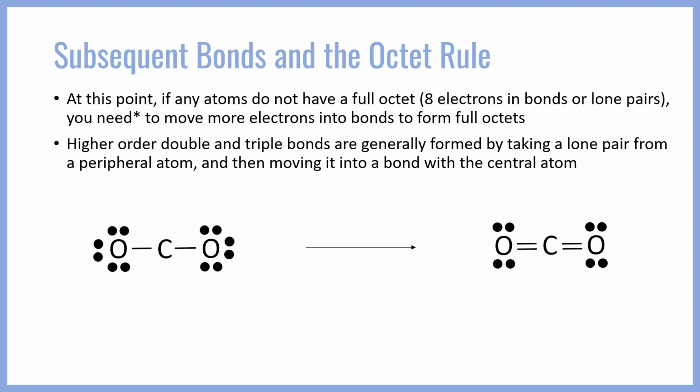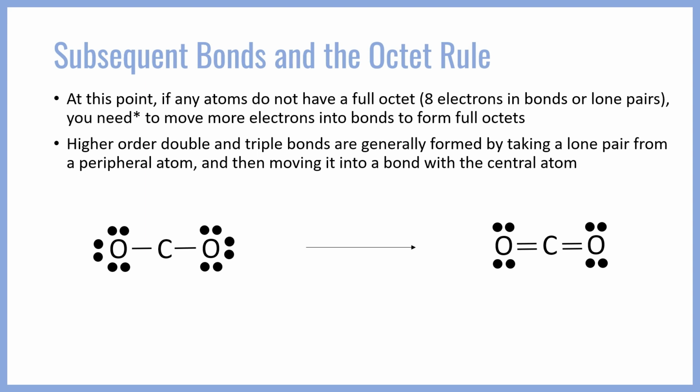Now we see how we took away one of the lone pairs on the oxygen and added a new bond. We basically just moved it over. Now the oxygen still has 8 electrons. Nothing has really changed. It has now 4 electrons in the bonds and 4 in lone pairs, still giving it 8. However, carbon now has 8 electrons, and it is quote-unquote happy.